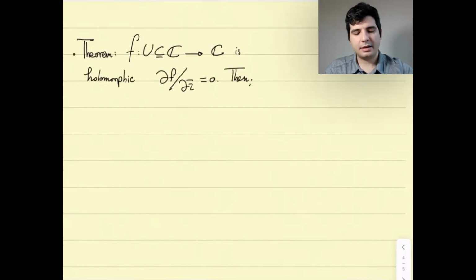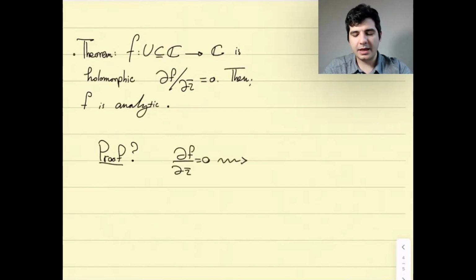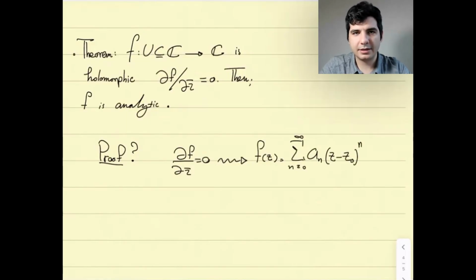Then f is analytic. What should be the idea of the proof? We know the derivative of f with respect to z bar is equal to 0. How is that connected to the fact that f of z should be written as an infinite sum? How are these two concepts related?